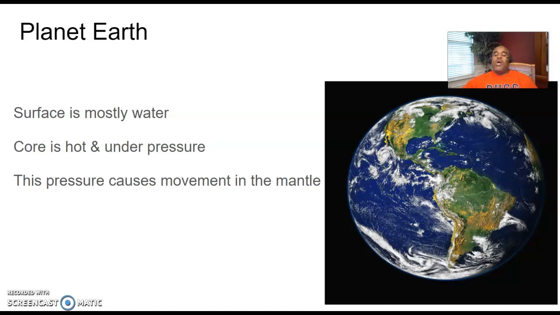So what's going on underneath is a lot of heat, which is creating a lot of pressure, and it's causing movement under what we can see. So when we talk about composition of the Earth, the surface is mostly water and some rock, but underneath the surface, we've got rocks and different elements.